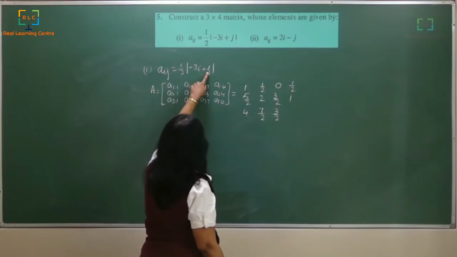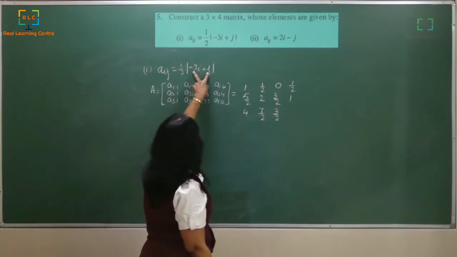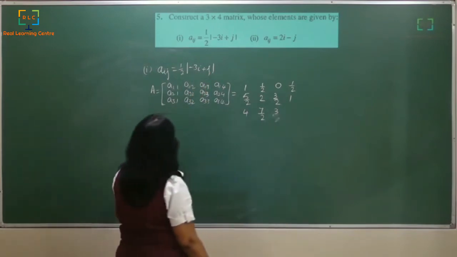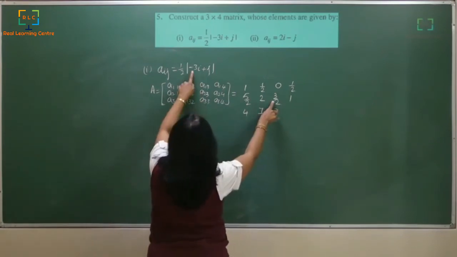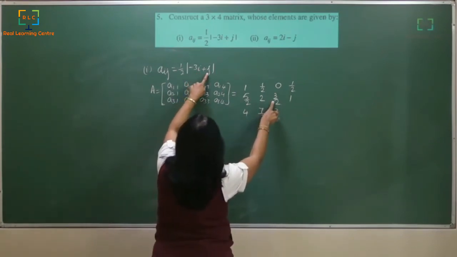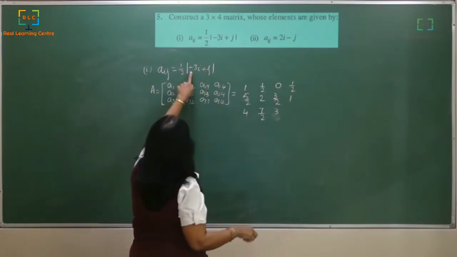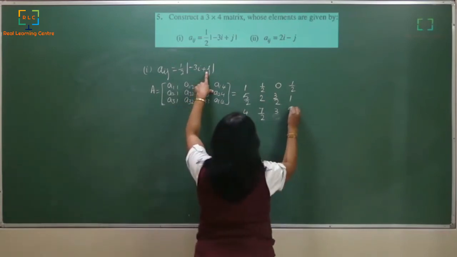Minus 9 plus 3 is minus 6, 6 by 2, so this is going to be 3. And did we do properly here? I just want to check. This is minus 6, minus 6 plus 3 is minus 3, yes, this is 3 by 2. Okay, correct. And then I come to 3 and 4: minus 9 plus 4 is minus 5, so this is going to be 5 by 2.